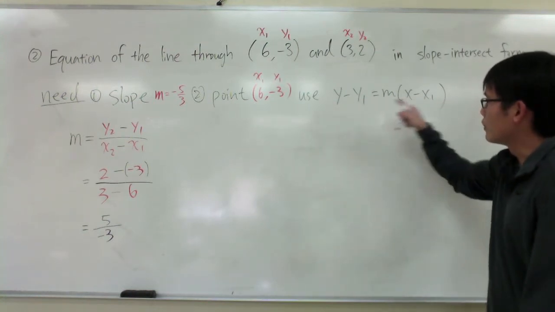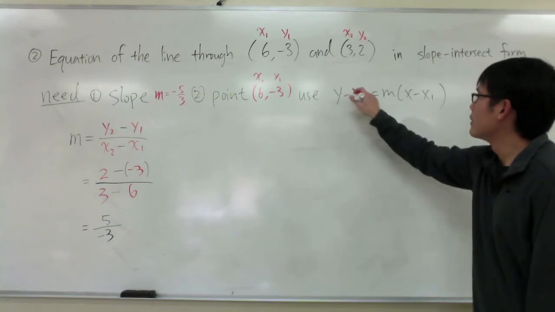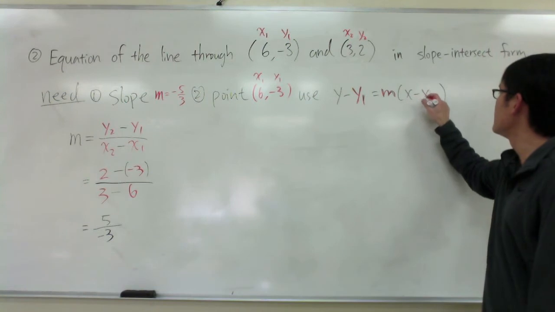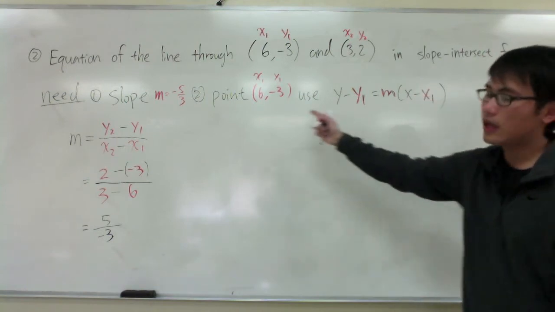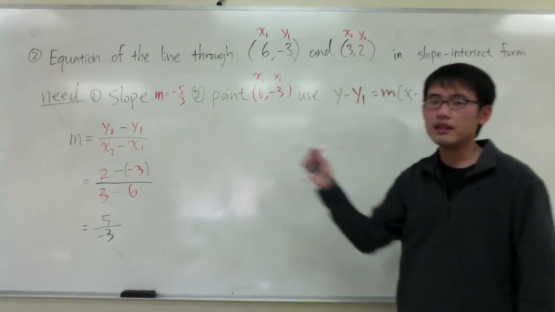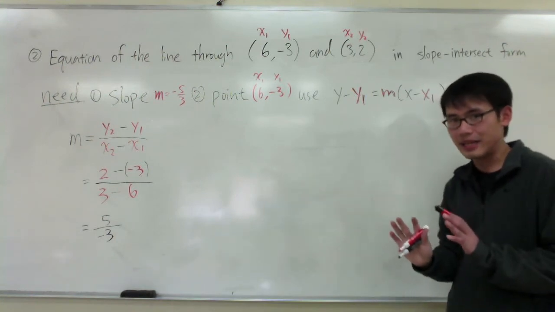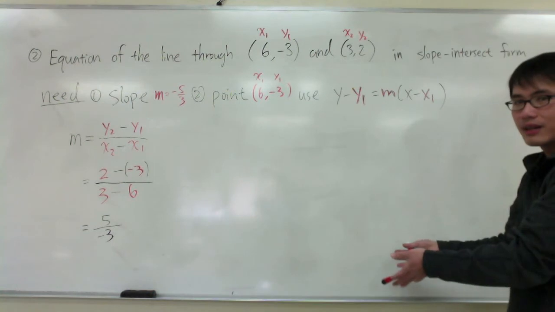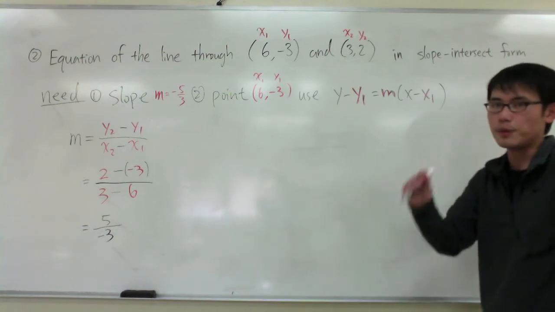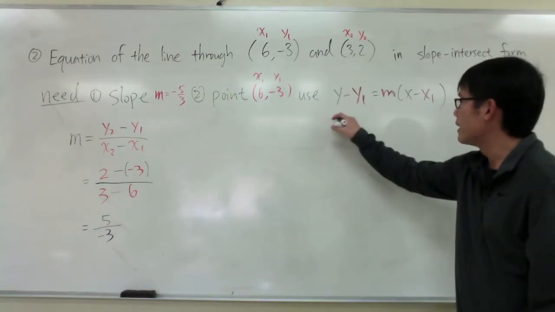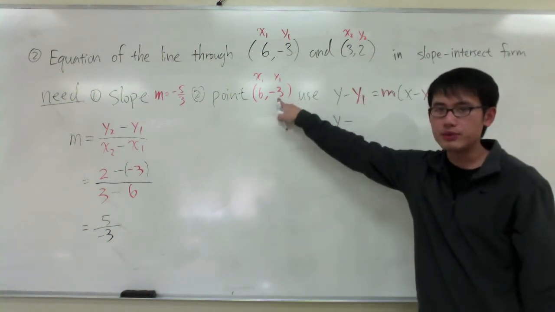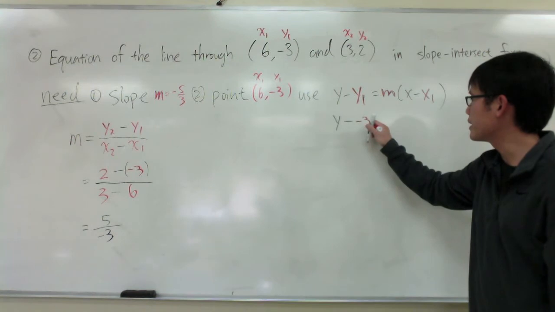So we have this formula right here. The y1, the m, and the x1 are the numbers that we get from there. The x and the y stay the same. We just need to plug in those numbers and work it out. Isolate the y at the end. That will be it. So I have y minus y1, which is -3, so I'll put this -3 right here.